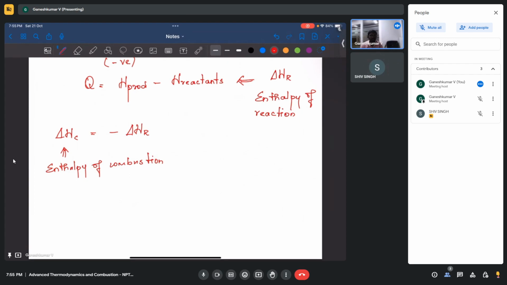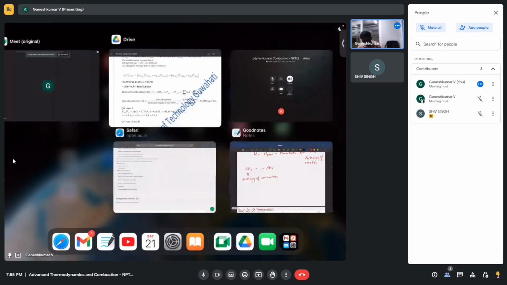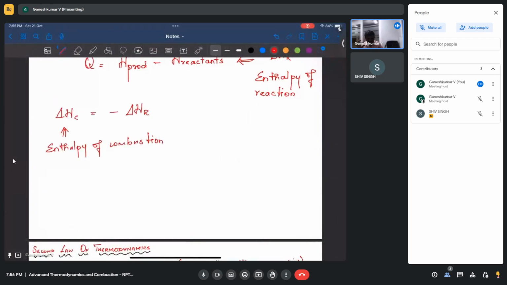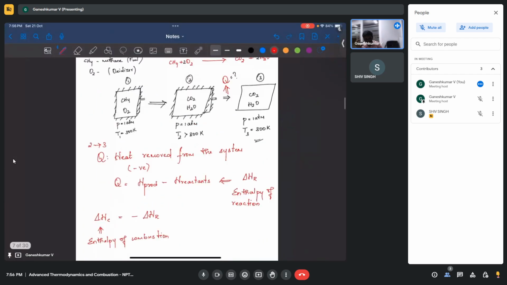But I am going to use this heat for something else, and that's why we call it enthalpy of combustion, and we say it is negative of enthalpy of reaction. Enthalpy of combustion and heat of combustion are the same, which is nothing but negative of heat of reaction. Heat of reaction is product minus reactant, and since you put negative, you get reactant minus product. That's it. This actually doesn't have any physical meaning, but this is the convention they follow.